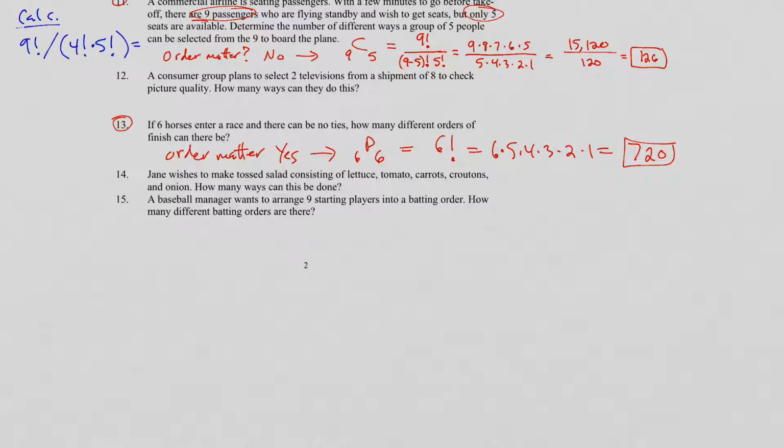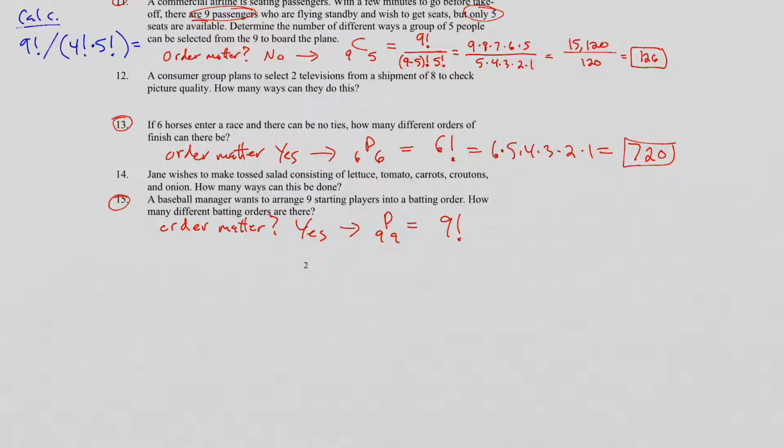Okay, what about a baseball manager who wants to arrange 9 starting players in a batting order? Someone bats first, second, third, fourth, fifth, sixth, seventh, eighth, ninth. Does order matter there? Yes. So again, we're using up the whole 9, so we don't need to do the formula. We just need to do the whole 9. We're not going to divide anything out.